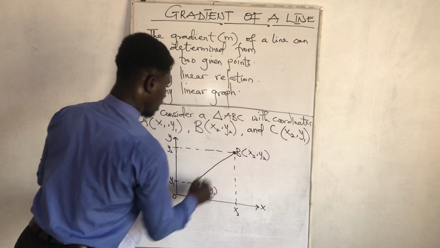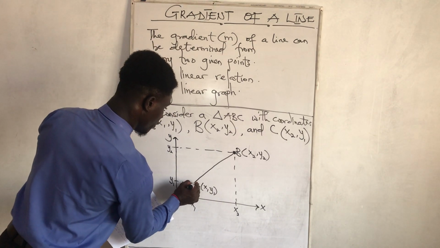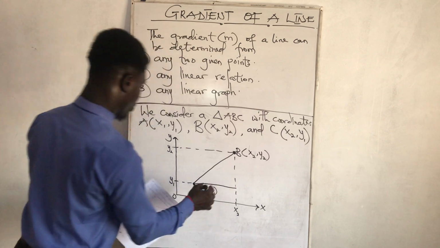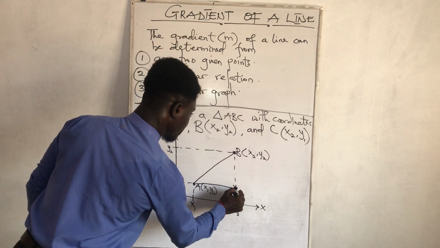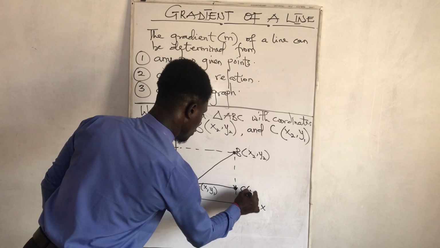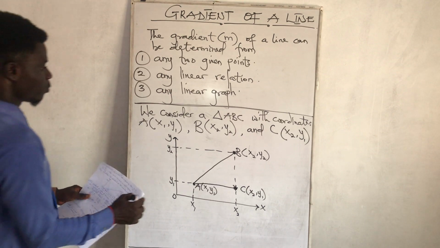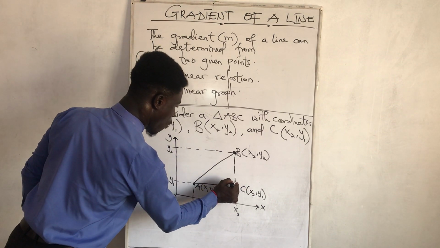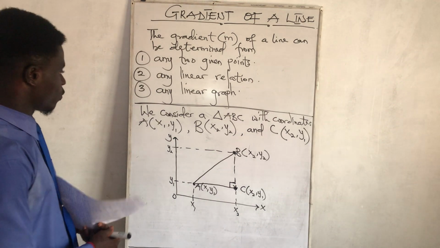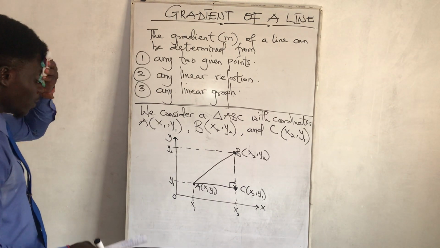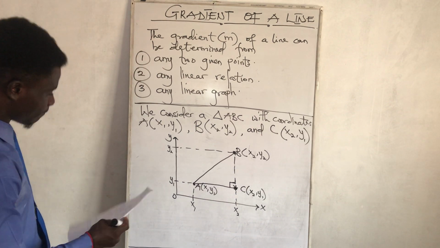Then we have another point, point C, (x2, y1). So we can see that they form a right angled triangle.